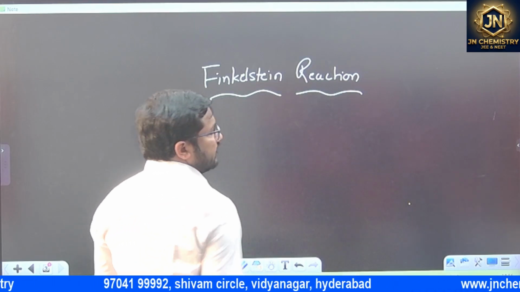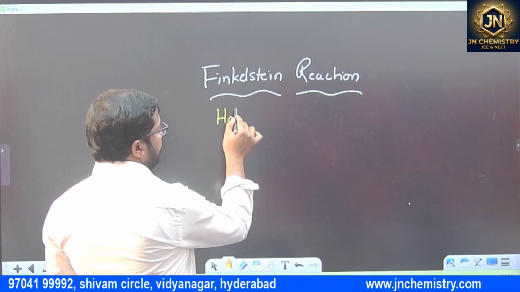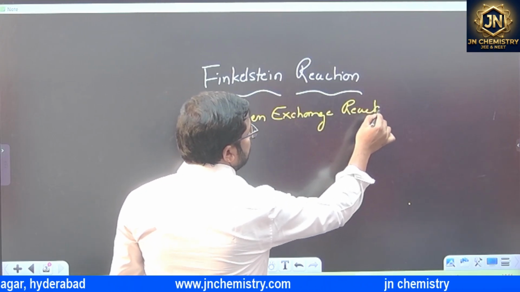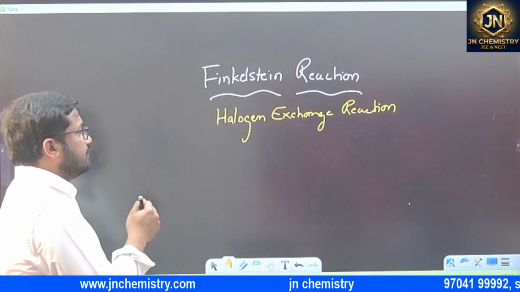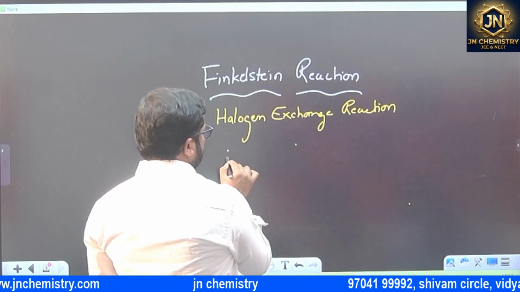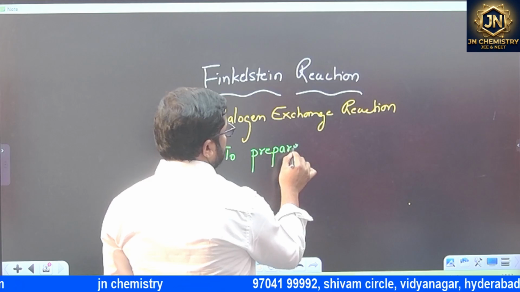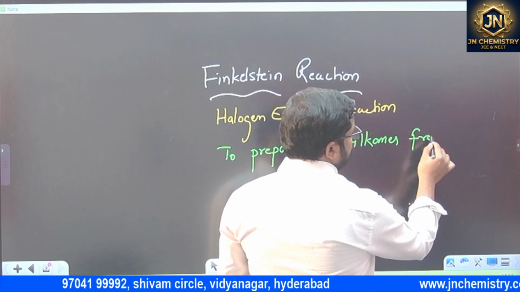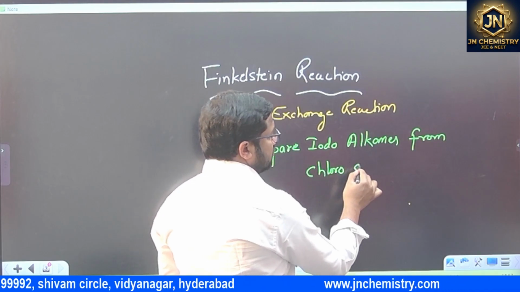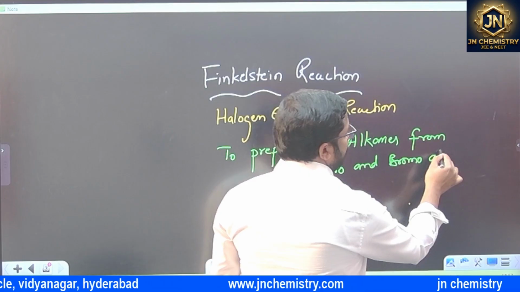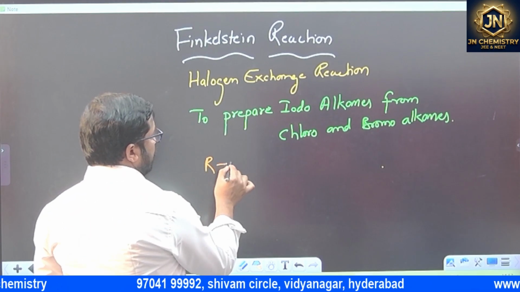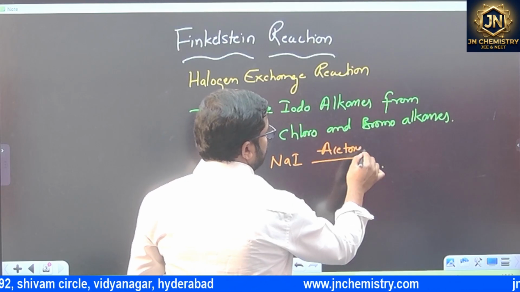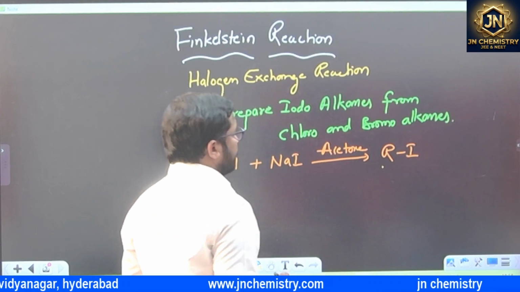It's a halogen exchange reaction, to prepare iodoalkanes from chloro or bromoalkanes, using NaI in acetone. RCl plus NaI gives RI, iodoalkanes, plus NaCl going out.